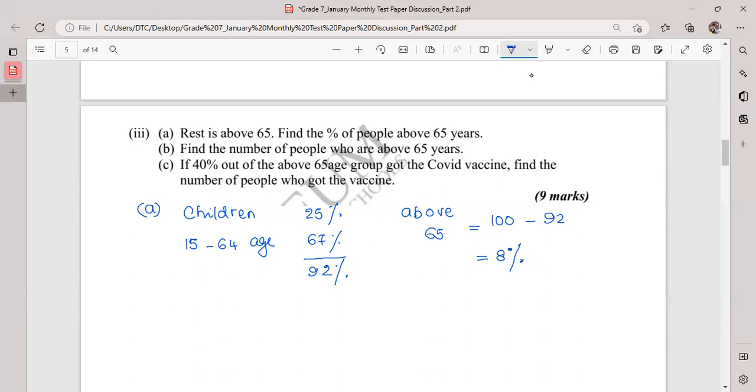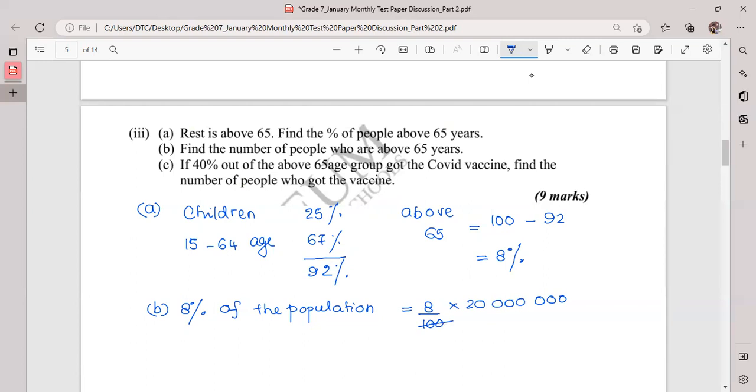Then find the number of people. So here you can find part B, 8% of the population. So then you write 8 over 100 multiplied by 20 million.